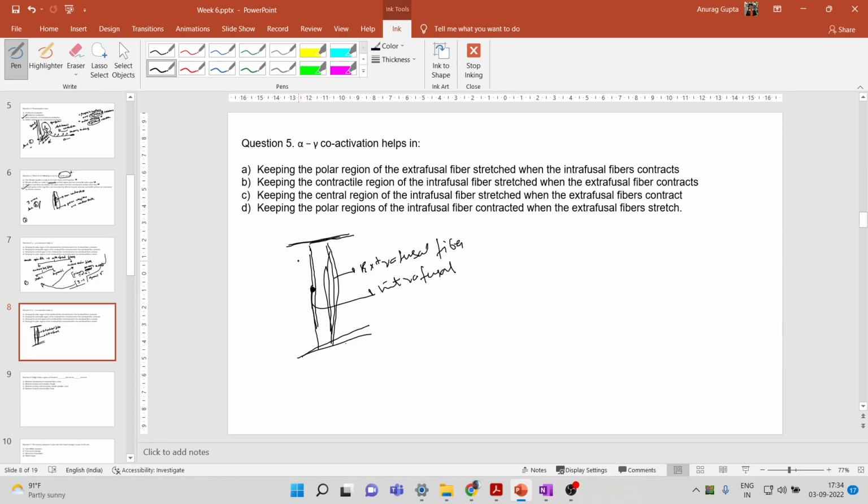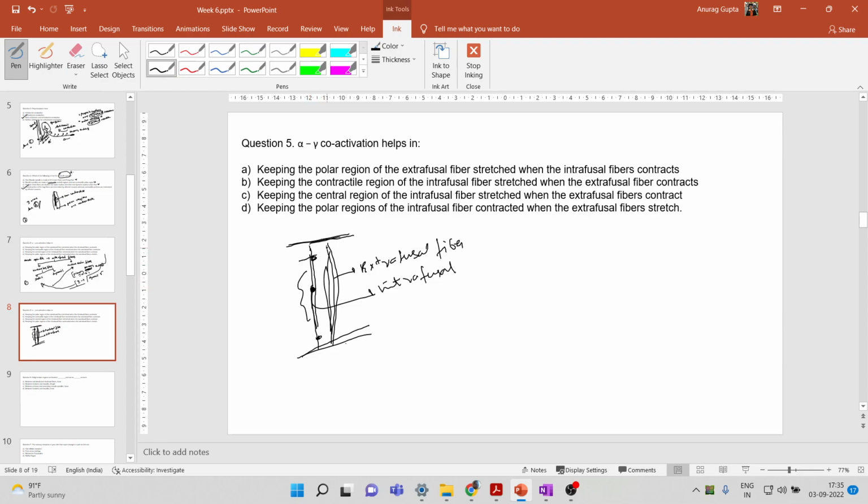So for that, we have a gamma motor neuron, which is innervated at its extremes, at the extremes of the extrafusal fiber, and when this contracts, so when the muscle is at a resting length, the gamma motor neuron contracts and keeps the middle region, where the sensory endings of the proprioceptors are, taut, or stretched.